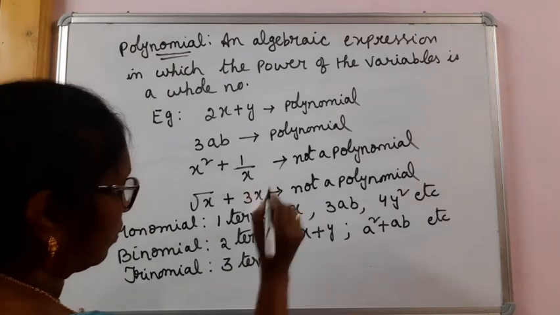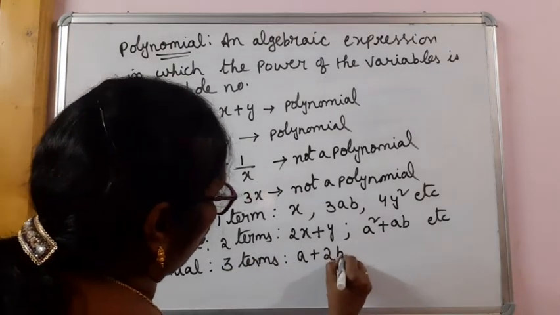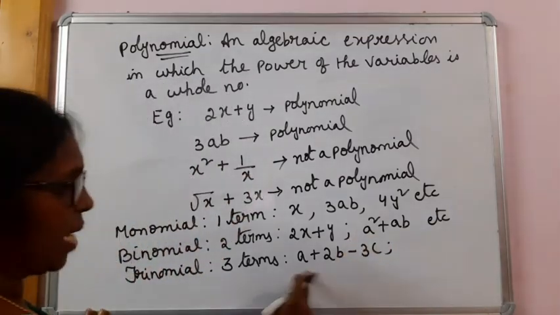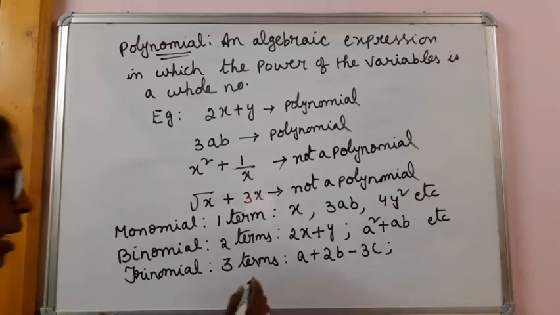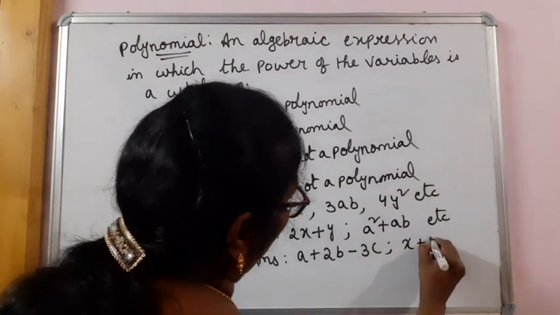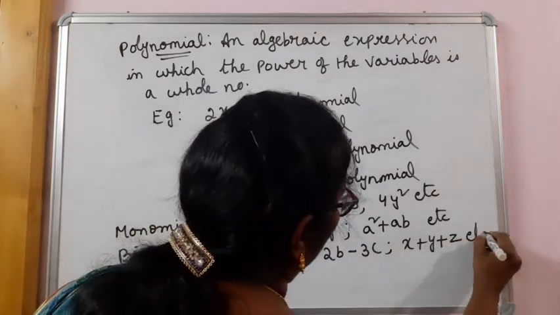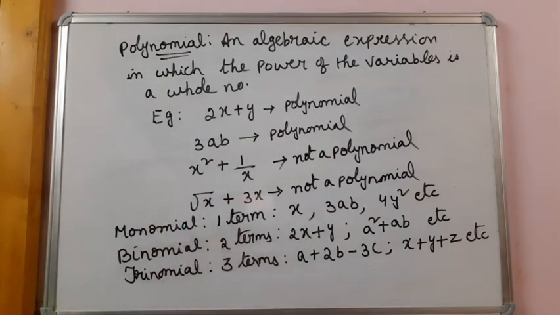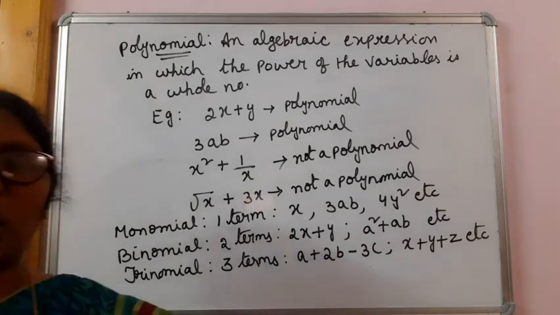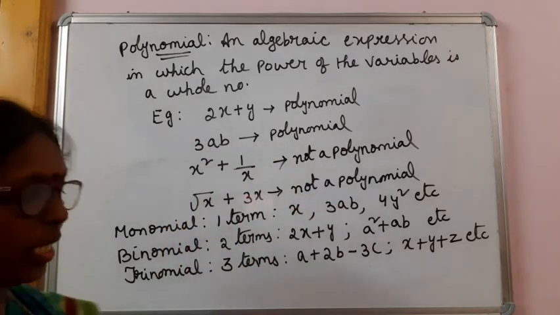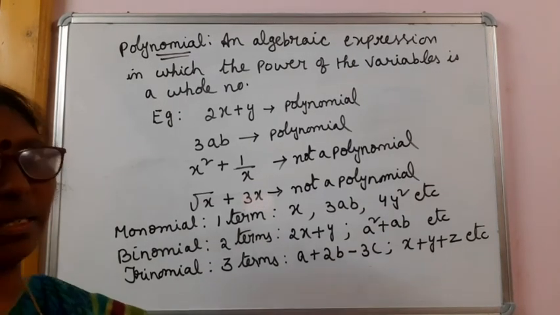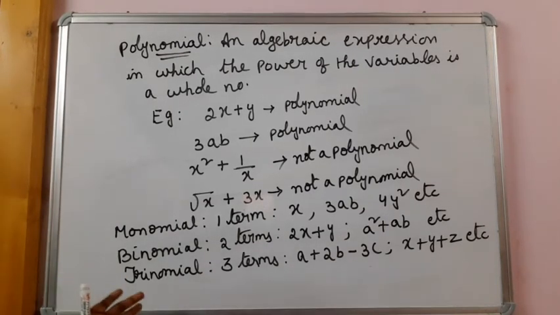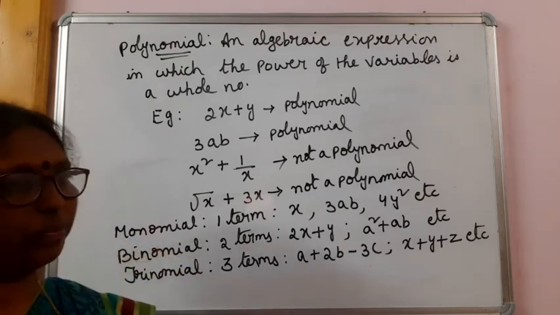A plus 2b minus 3c: a is one term, 2b is another term, minus 3c is another term. So it is a trinomial. And x plus y plus z, all these are trinomials, and expressions having more than three terms are known as multinomials. Okay? So you must be clear about what is a polynomial and what is not, and what are monomial, binomial, trinomial and so on.